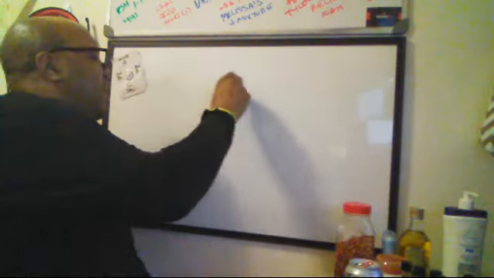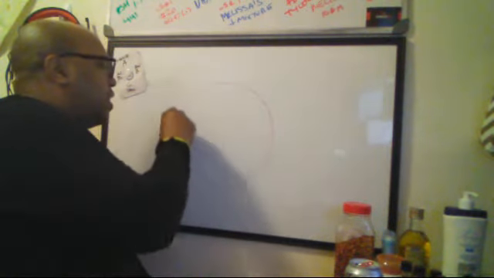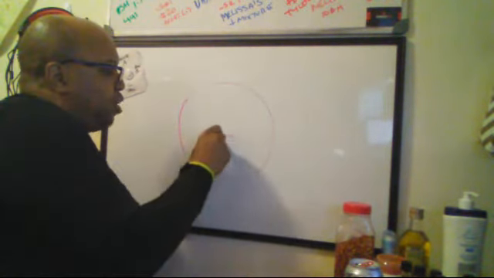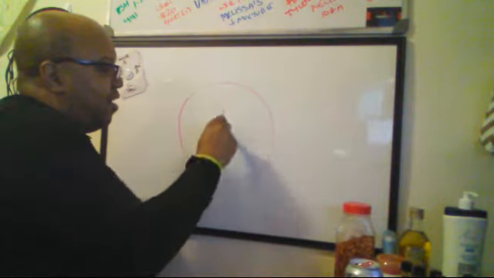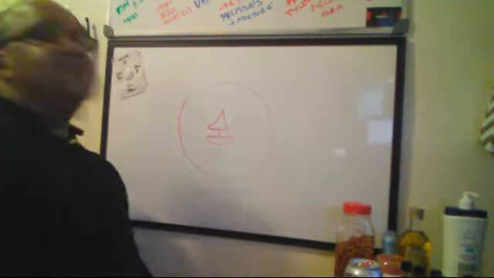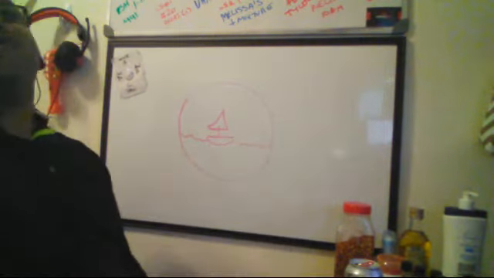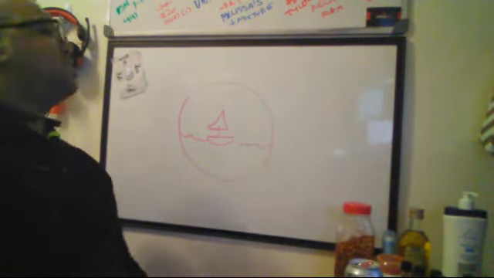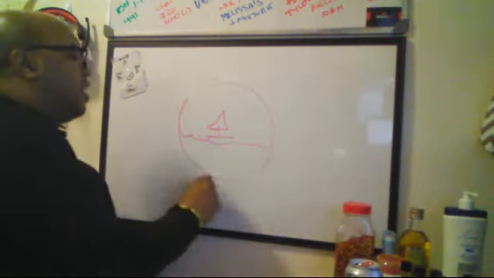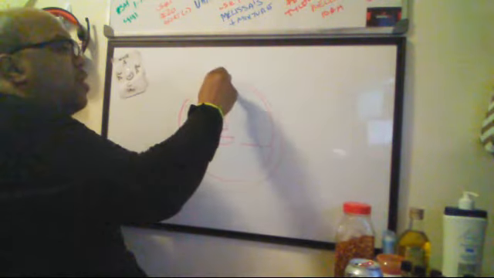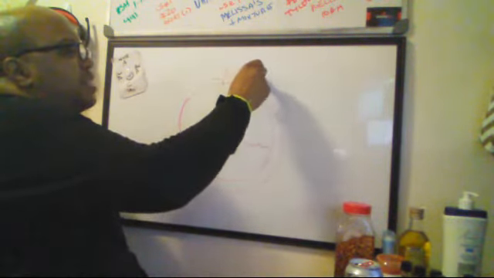We have a circular lake. Let's put our little sailboat in there. All right, a little bit of water. So we have a circular lake. The distance around this lake is the circumference, which is 1,260 feet.